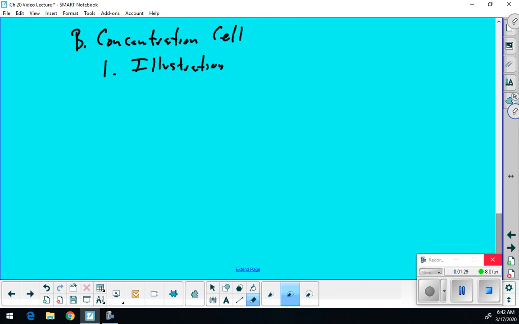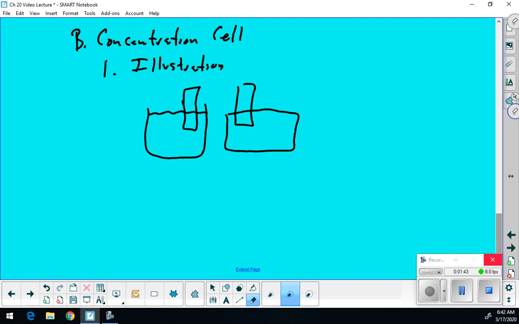So I have a zinc electrode in a zinc solution, and I'm going to take another zinc electrode and put it in another solution. I have to have my electrode in my solution. Good. Okay, and we're going to connect these, and this is zinc, and this is zinc, and let's say that this is a zinc solution, and this is a zinc solution.